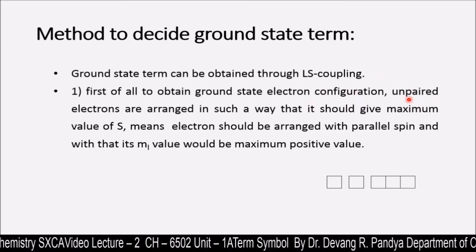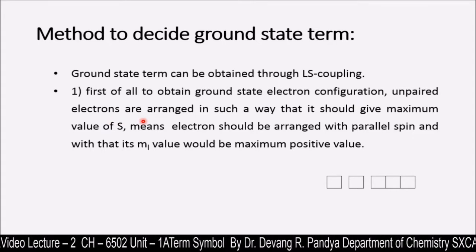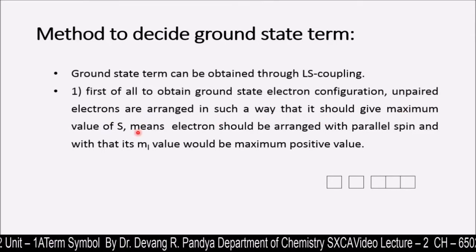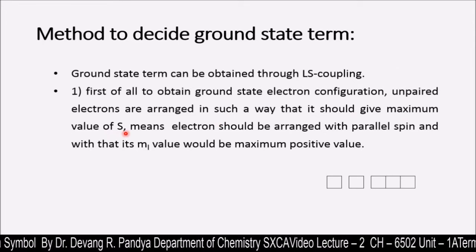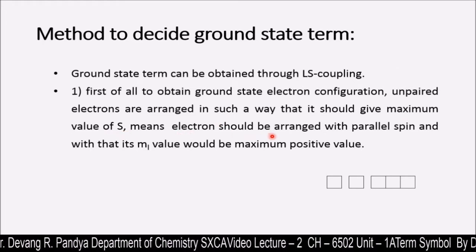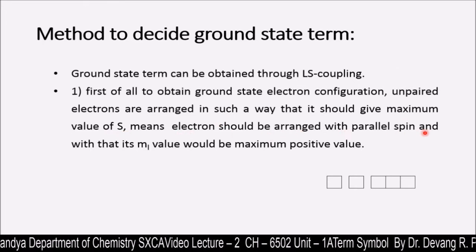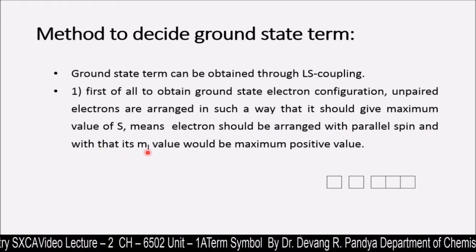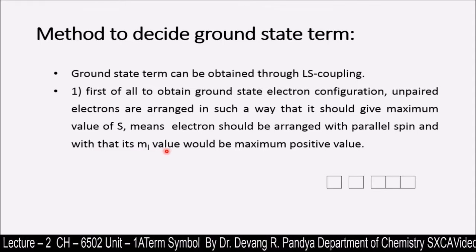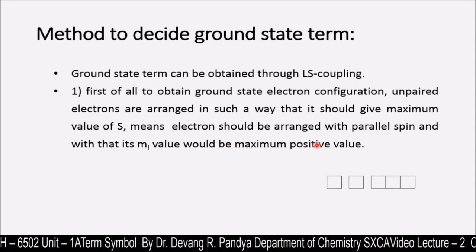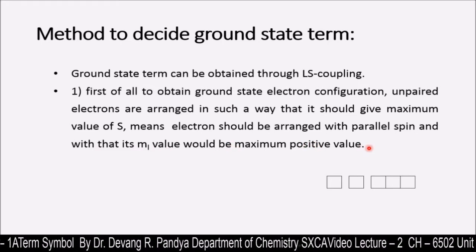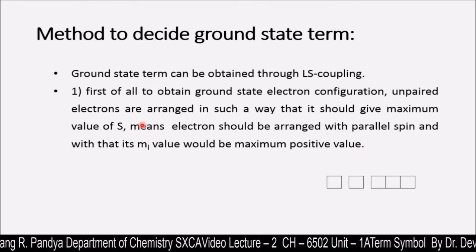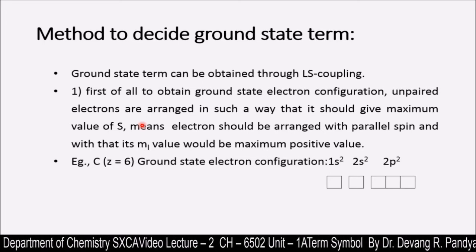Then we need to arrange the unpaired electrons in such a way that it gives the maximum value of S, meaning electrons should be arranged with parallel spin, and with that the M subscript L value would be the maximum positive value. Now when I say this, you may not be able to understand, but I am going to put an example for that.